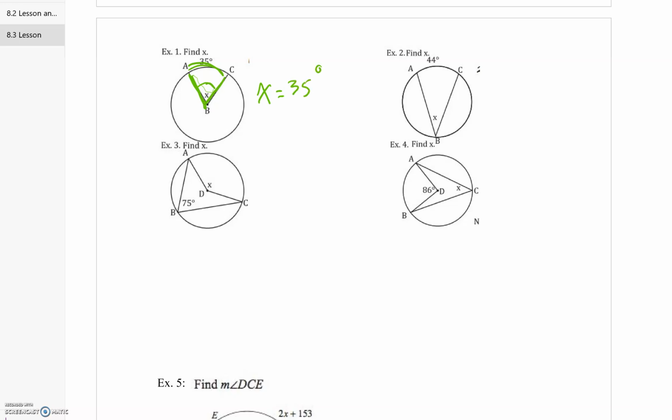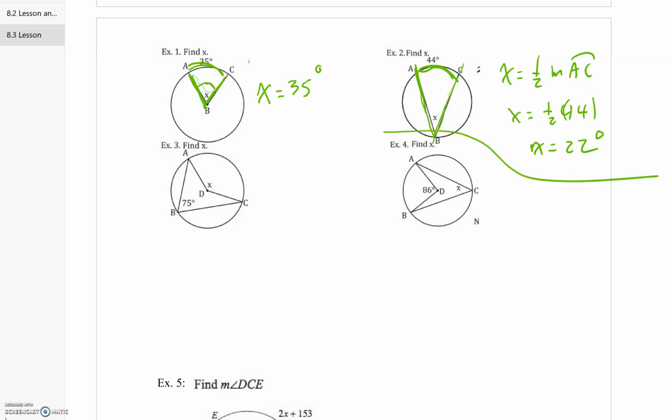It's very easy, but of course, it gets harder. This angle here is an inscribed angle. It has cut off an arc that's 44. So X is 1/2 the measure of arc AC, not equal to. So it's going to be half of 44. So X is 22 here.